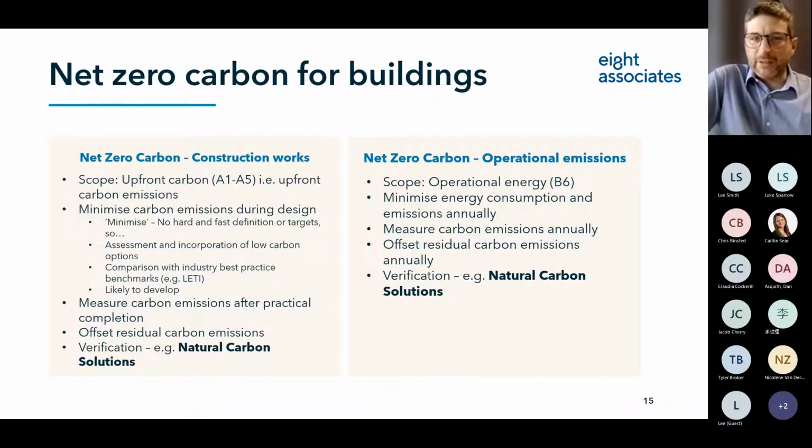But it's all about trying to minimize, and then every year or period of time, you can take the measurements from meters, work out the carbon emissions annually, and then that can be offset, usually through organizational carbon footprinting and offsetting, and then again that can be verified to show that that's happening, and you can say the building's net zero carbon operational.